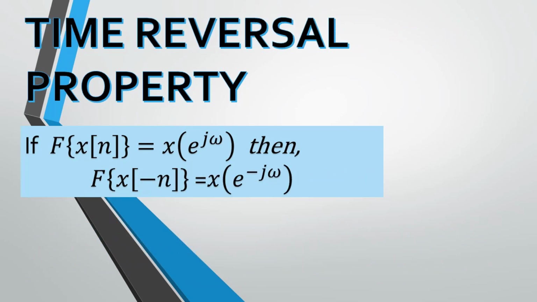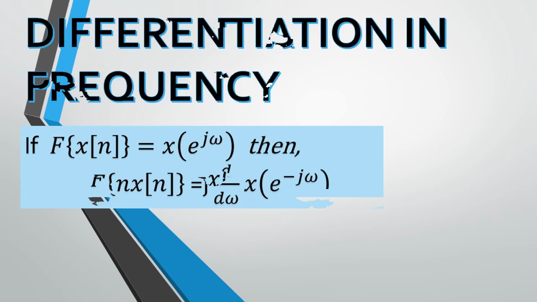The next property is time reversal property. If the Fourier transform of x of n is equal to X of e raised to j omega, then the Fourier transform of x of negative n is equal to X of e raised to negative j omega. If we reverse the time domain, the frequency is also reversed. Differentiation in frequency.